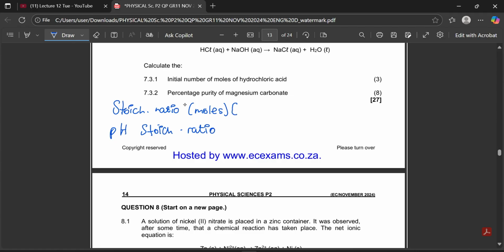Remember, with moles we talk about different substances reacting with each other. But in this case, we look at the stoichiometric ratio in terms of concentration. And we're not looking at different substances, we're looking at a certain substance, be it an acid or a base, with its respective ions, right?